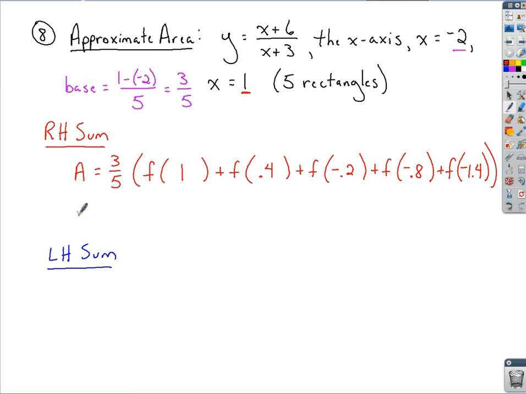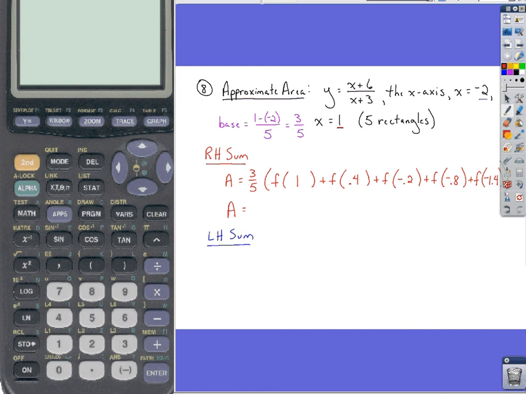To get those values pretty quickly, so that I can add them all up and then remember to multiply by the base of 3/5, I can go to my graphing calculator. I can plug in my function.